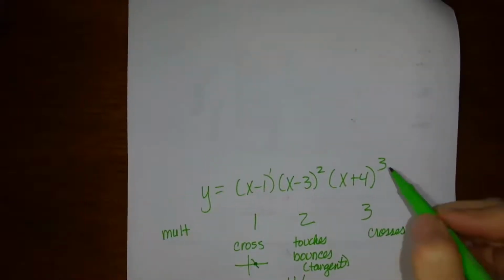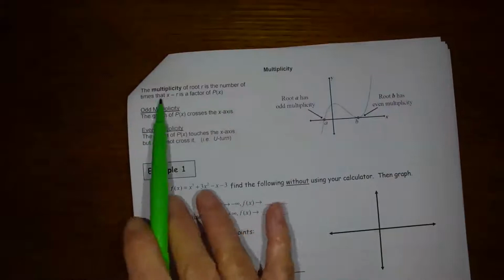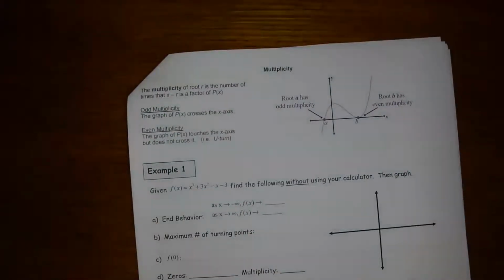Okay, does everyone see where the multiplicity comes from? It's that exponent. Okay, so let's see what we wrote down here. The multiplicity of a root is the number of times that x minus r is a factor. In other words, x minus 3 squared or whatever. The graph of an odd multiplicity crosses. So let's highlight that or put a color.